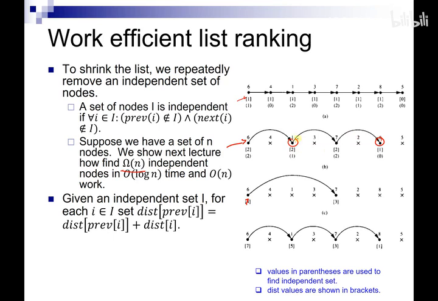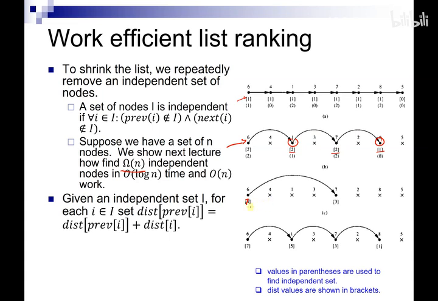So for example, this guy's correct distance is 1, 2, 3, 4, 5, and if you add up these distances along all of the pointers till you get to the end, you also get 5. So as you remove nodes, we maintain this property that if you follow all of the pointers which are still remaining, then you can compute the correct distance.